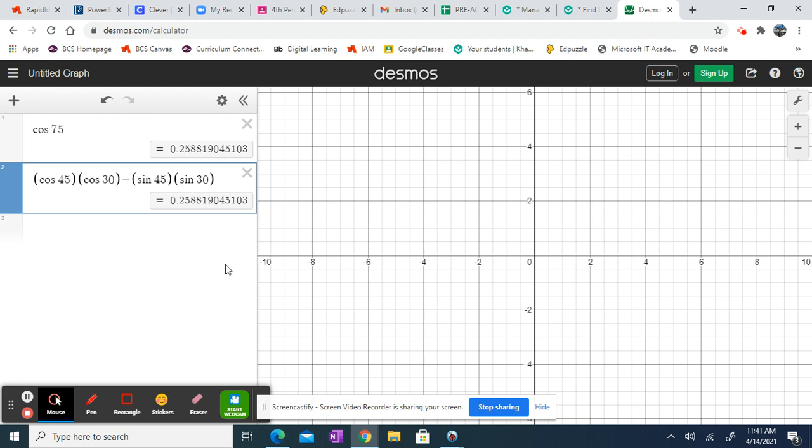So that's the general idea. It's kind of a trick that mathematicians used to find the value of these trig functions for angles that were not memorized.